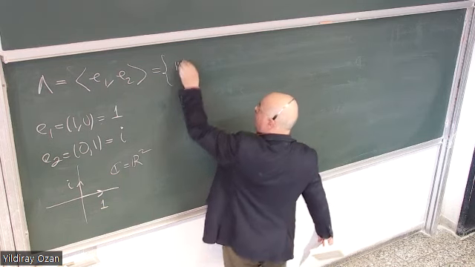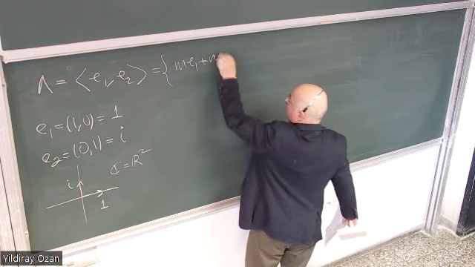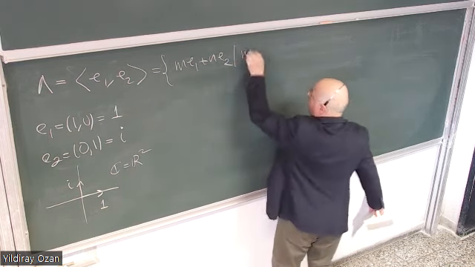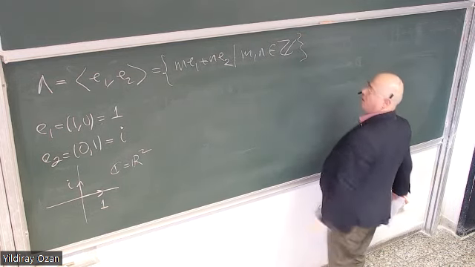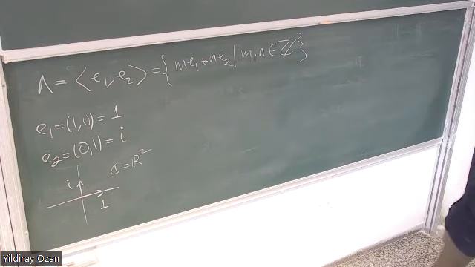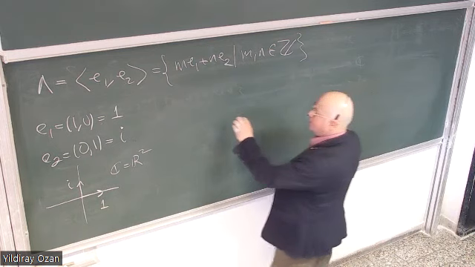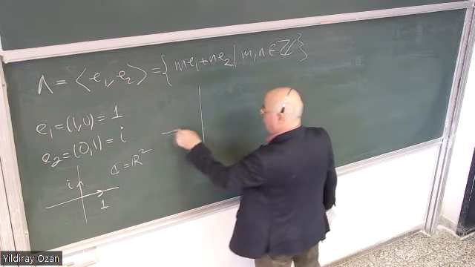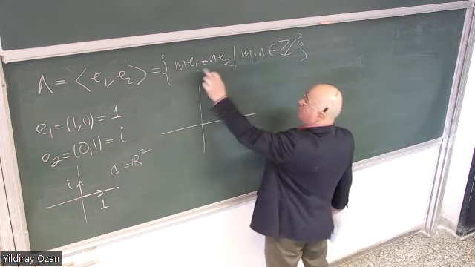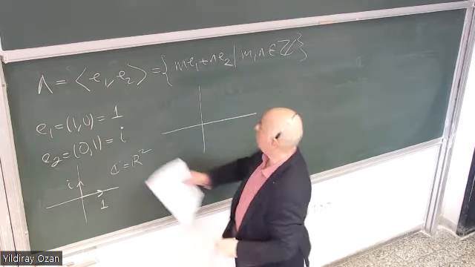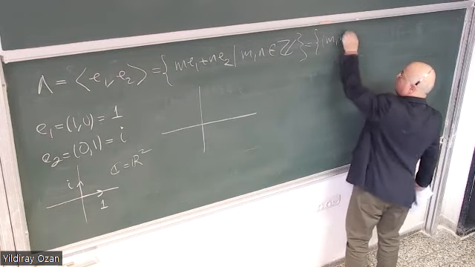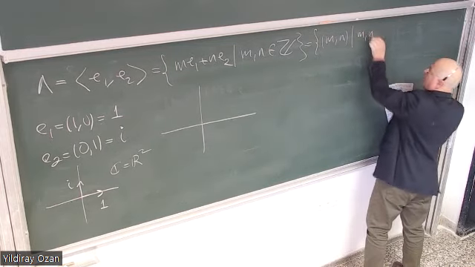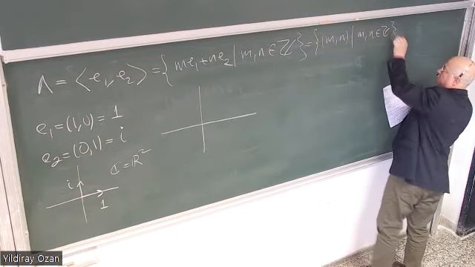I mean the following: M times E1 plus N times E2, where M and N are integers. So this is the discrete subgroup, okay? So E1 and E2 are just these two. So this is just a pair of integers, nothing but a pair of integers.